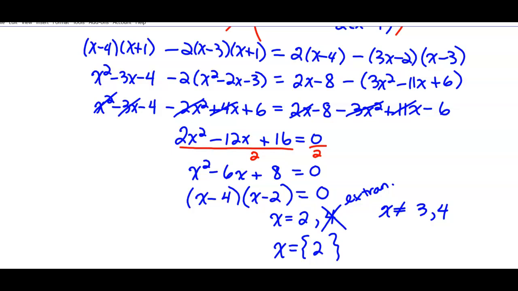So if you do it my way, you don't even come across the extraneous solution, because these two cancel out. It's negative x plus 1 becomes negative 1 over 2.